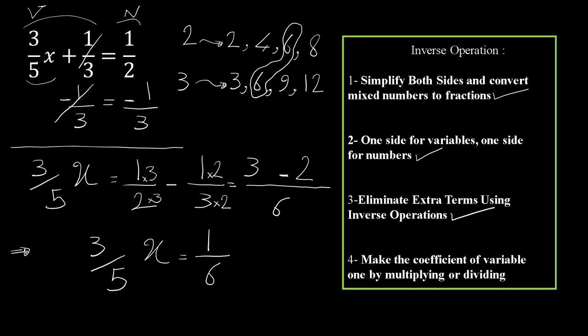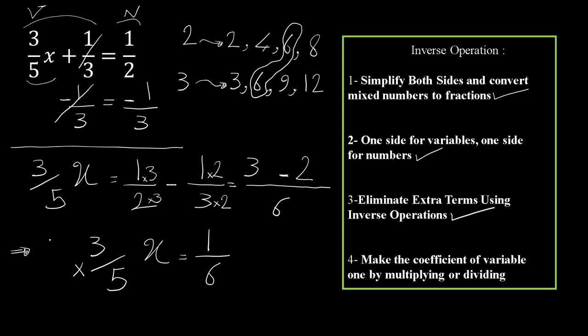What should I do for the last one? Make the coefficient of the variable 1 by multiplying or dividing. Okay, do you know any number that if I multiply it by 3 over 5, the answer would be 1? Yes, it is really easy. I must multiply this fraction by its reciprocal. What is the reciprocal of 3 over 5?